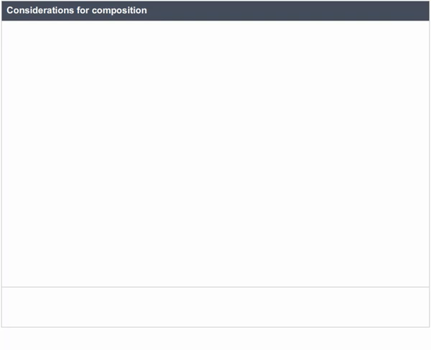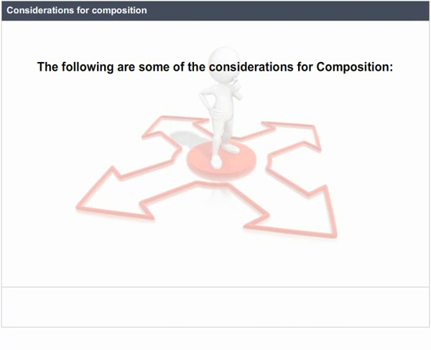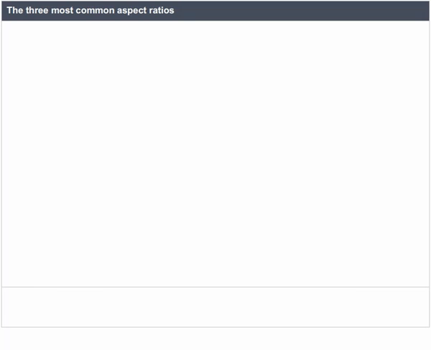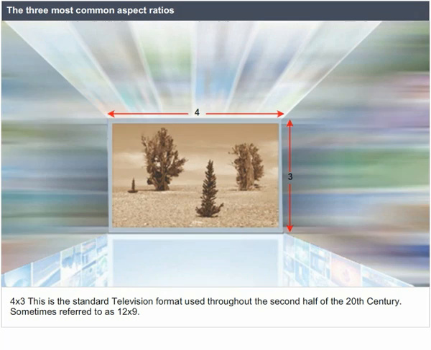Considerations for composition. The following are some of the considerations for composition: aspect ratio, rule of thirds, symmetry, closure, scale, shape, and 3D. The three most common aspect ratios: 4:3.